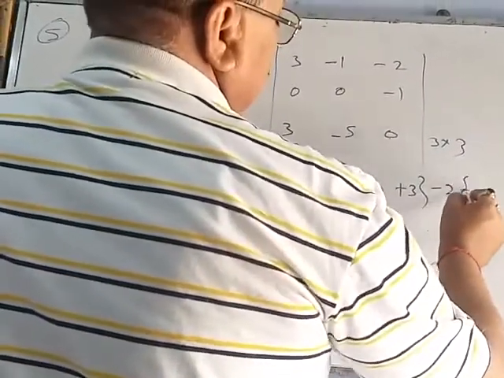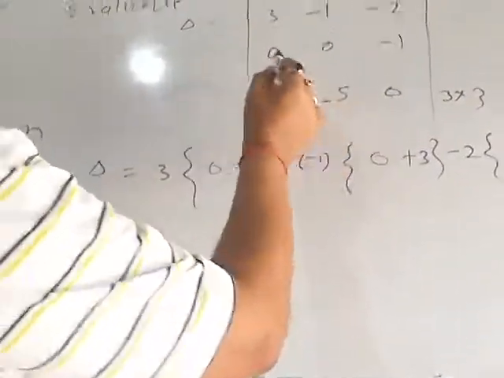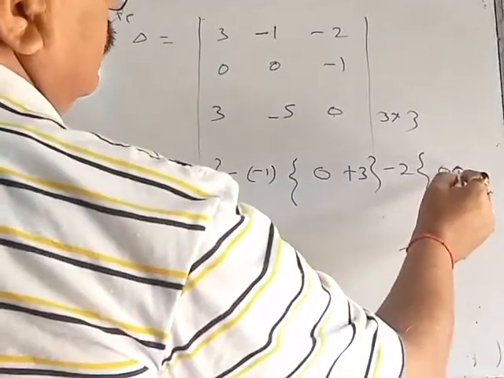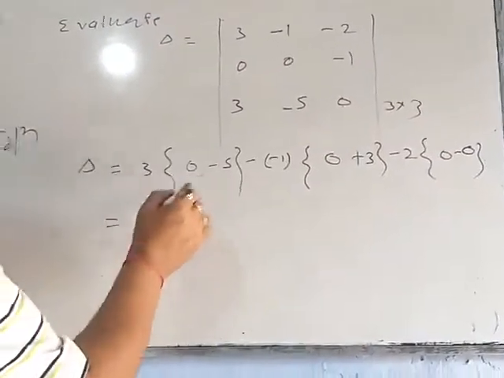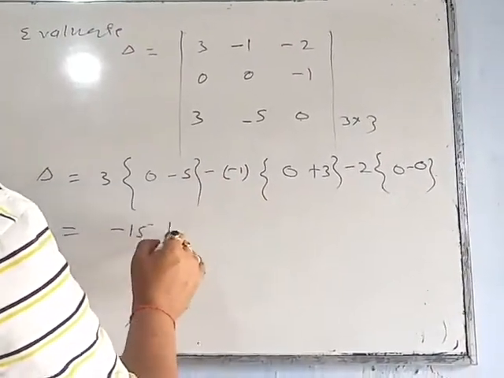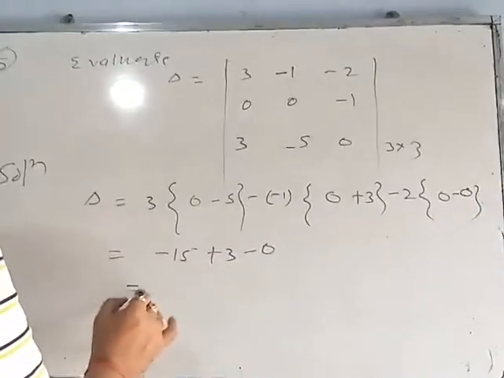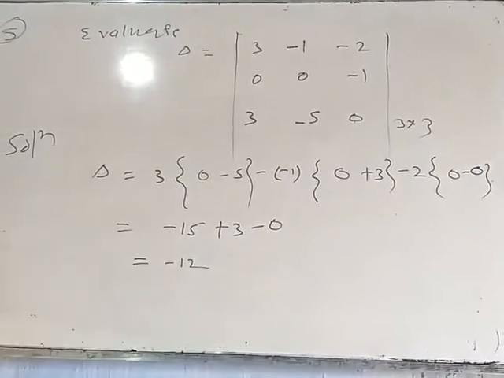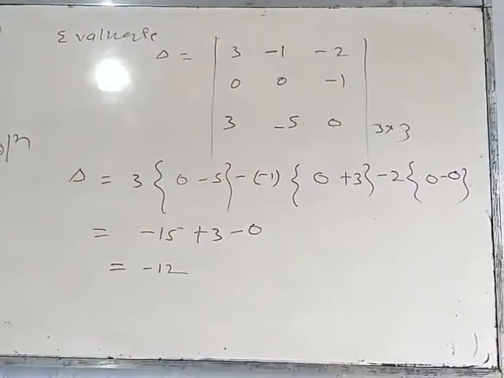Then minus 5 into 0, 3 into 0, is 0. So minus 15 and minus plus 3, and the result is minus 12. These are very simple questions of determinants.